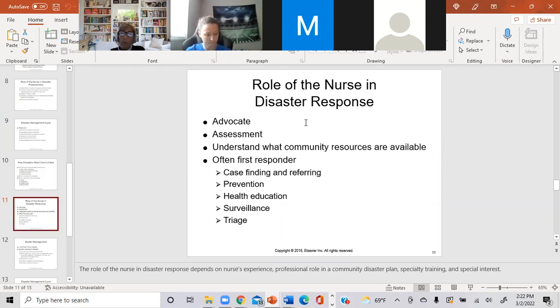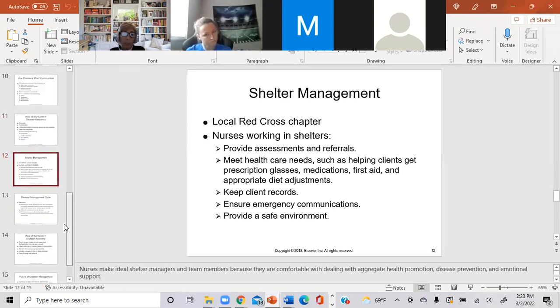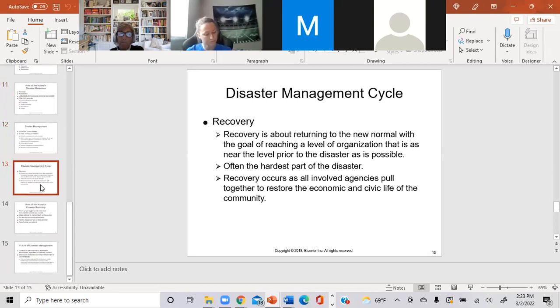Here are some roles we might play in a disaster: advocate, doing assessments, understanding what community resources are available, and we're often the first responders. We're often assigned to shelters. What does that look like? What might we be doing in shelters? That would be slide number 12.